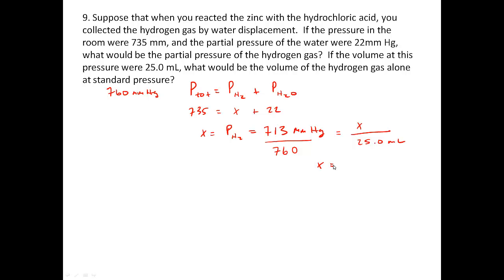We just set up a ratio there. Looks like our volume just due to the H2 gas would be 23.5 milliliters. Okay, and these are all of our gas problems. Thanks a lot.